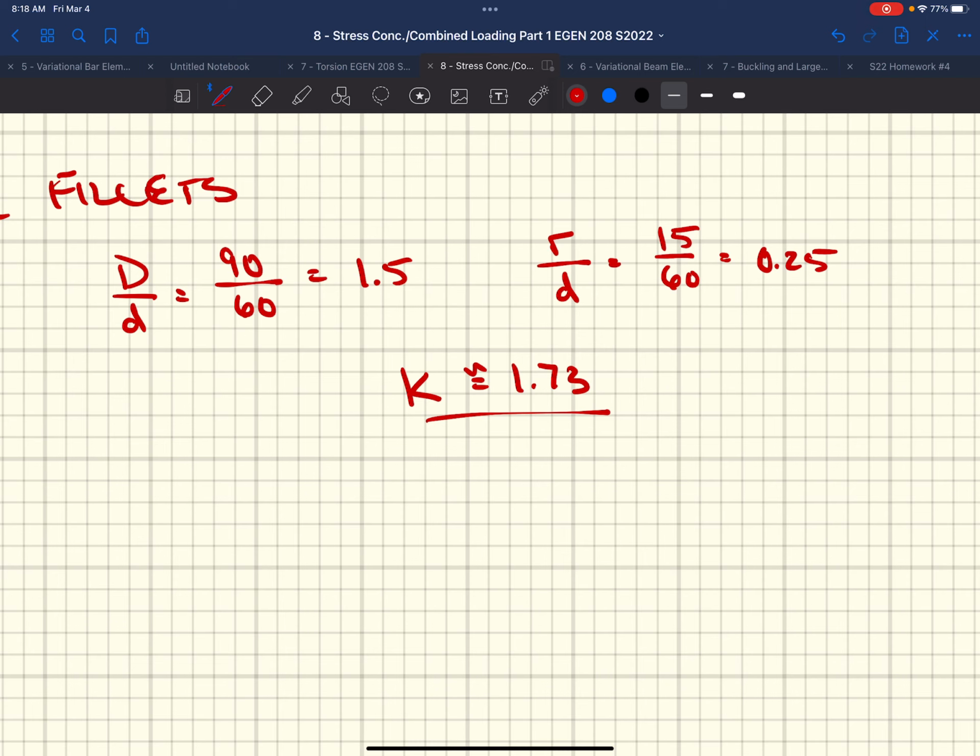That means we now get to use our maximum stress equation, which equals K times our nominal stress. Now we have K. We need to figure out our nominal stress.